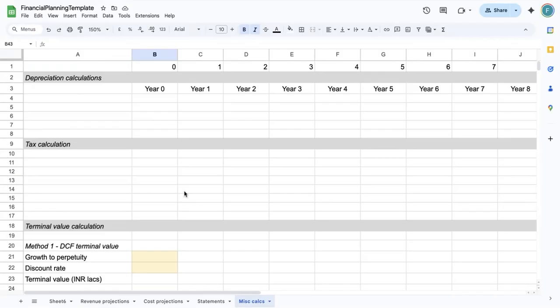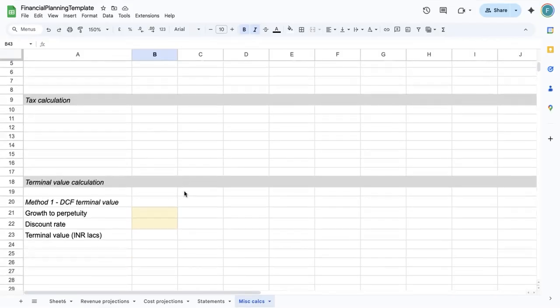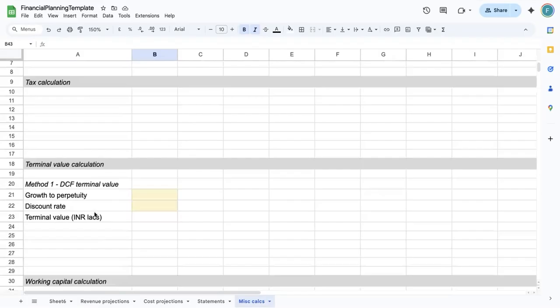So you can choose to keep that separate. You can keep tax calculation also separate. And terminal value is when you have a business which is going on for 10 years, at the end of 10 years you also have to ascribe a certain value to it. So you can calculate that in a separate sheet and then bring it back.